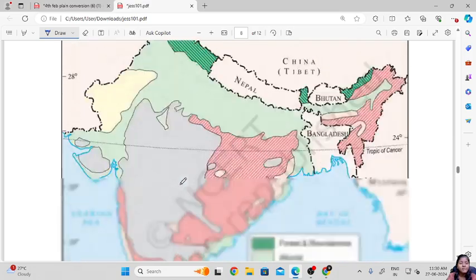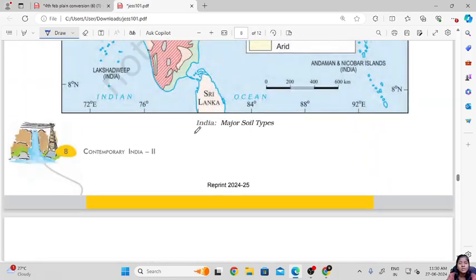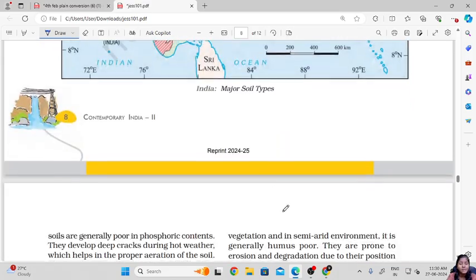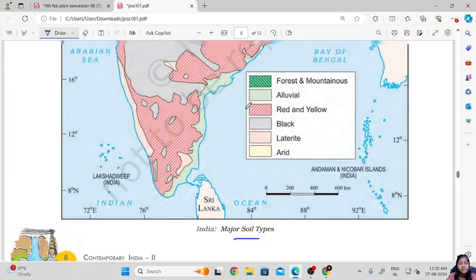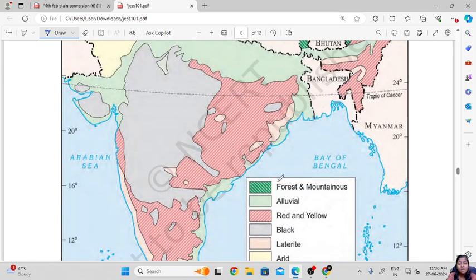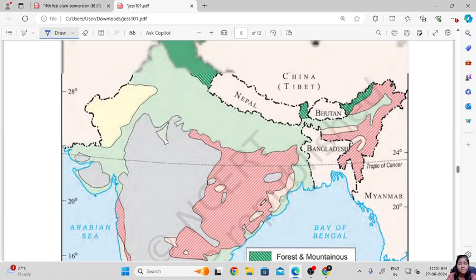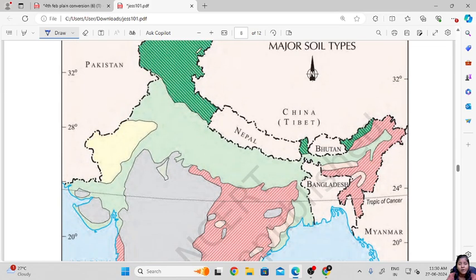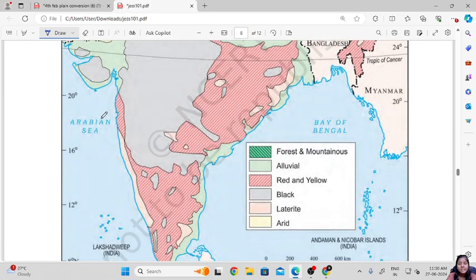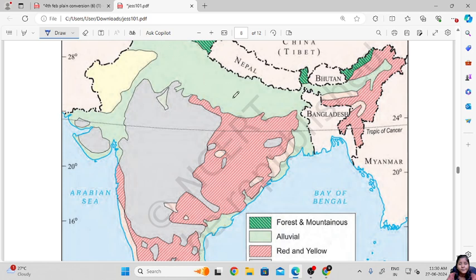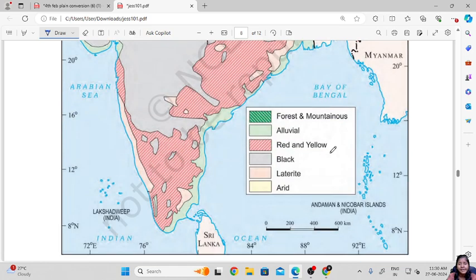Okay, and if you see the map of India, we can find our major soil types here. The green one is all the forest and mountain part. Then this is alluvial soil. The red and yellow soil you will find in some parts of Maharashtra and Karnataka.